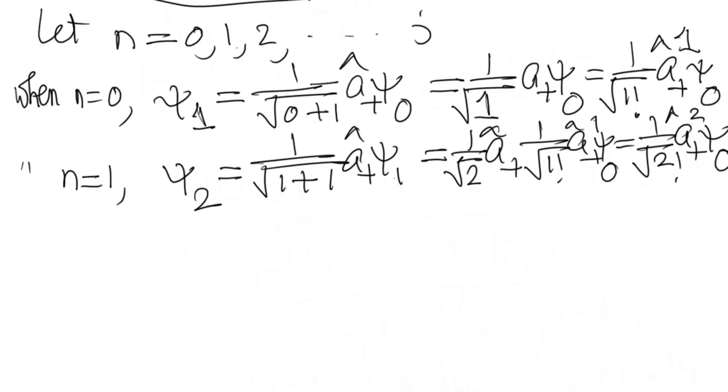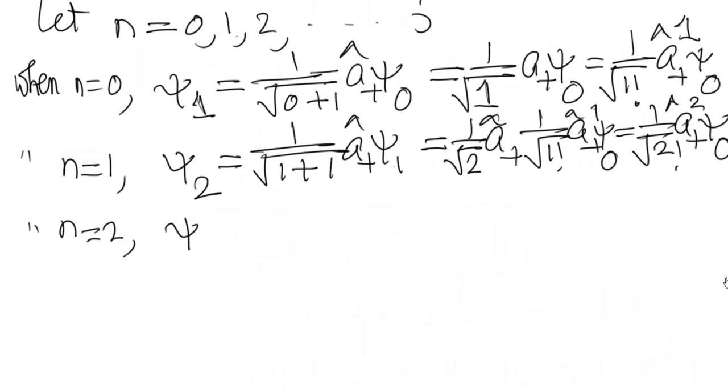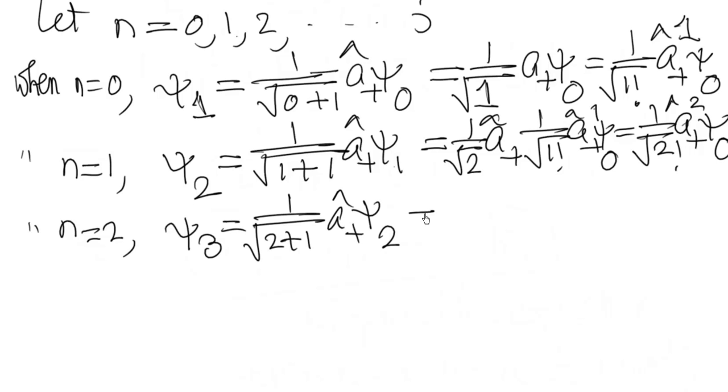And if you continue doing this, let us take n equal to 2, then we'll have n plus 1, so psi 3, and 1 divided by square root of 2 plus 1 a plus, and this is psi 2.